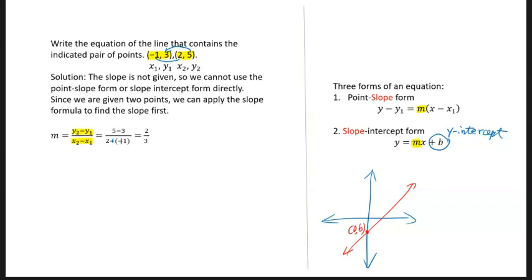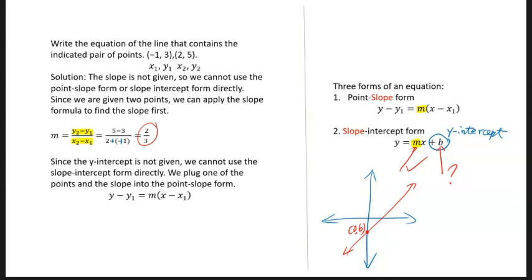But notice both points given, none of them have 0 as the x-coordinate, which means neither of these numbers, 3 or 5, is a y-intercept. So we don't know what b is, and you cannot plug the y-intercept directly into the formula. We have the slope, but we don't have the y-intercept. That's why I'm still going to pick the first formula.